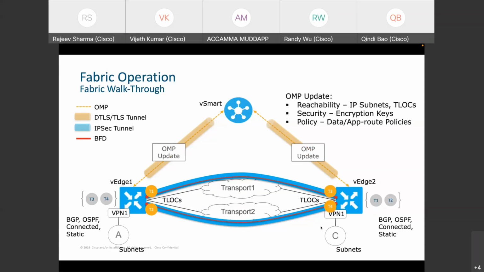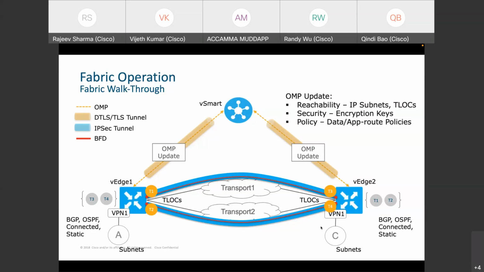Reachability we already discussed: along with TLOC, we get IP subnets which are present on the respective VH1 and VH2. And of course, since there is an IPsec tunnel between these two locations, there will be encryption keys, and there will be rotation of the encryption keys, which depends on the timer set for that.